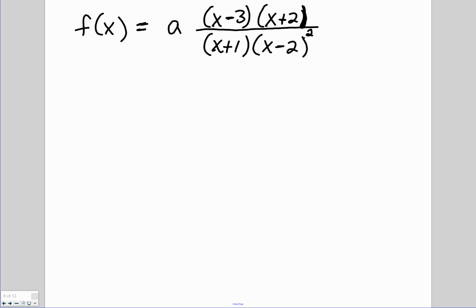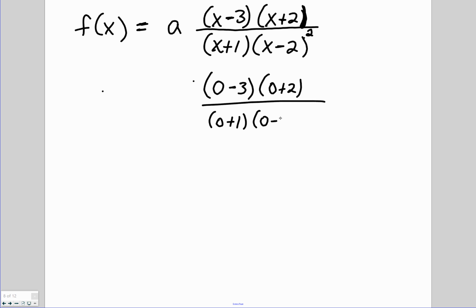The y-intercept. All right, so I'm going to plug in 0 for x, times A. And what was the y-intercept? Was it -3? -2? I don't know. Let's see.